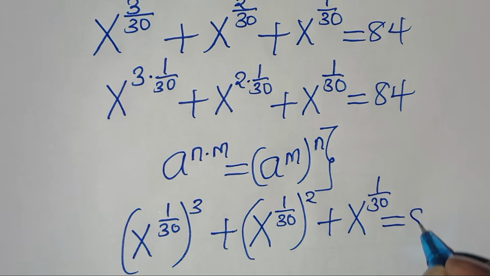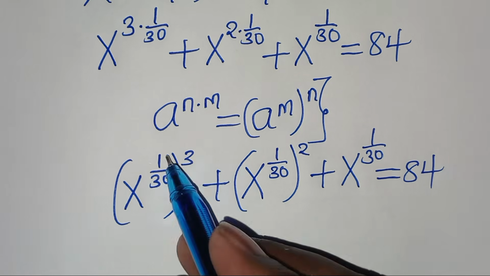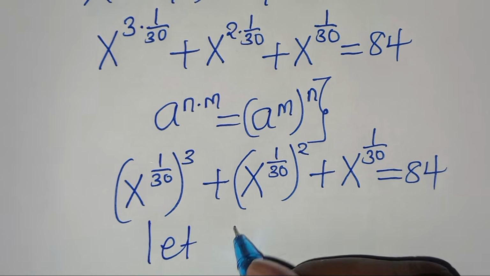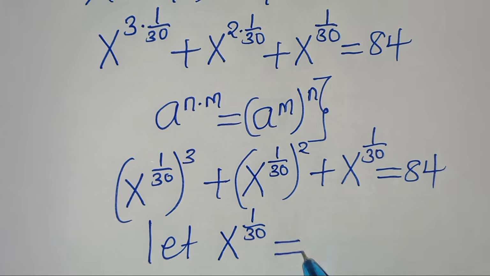This is equal to 84. Now we have x to the power of 1 over 30 is common here, so that we can let x to the power of 1 over 30 be equal to u.